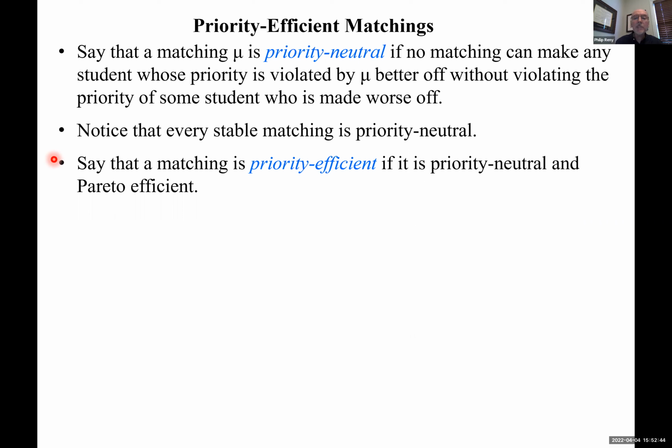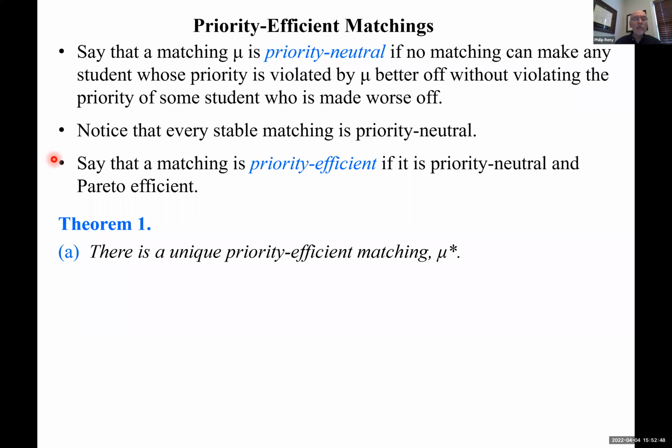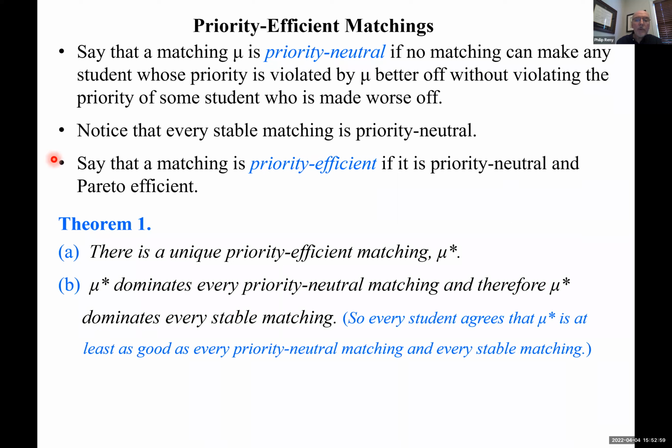A priority efficient matching is one that's both priority neutral and Pareto efficient. Theorem: there's a unique priority efficient matching, mu star. So it's exactly one matching that's both priority neutral and Pareto efficient. Moreover, this unique matching, mu star, weakly Pareto dominates every priority neutral matching. And therefore, mu star dominates every stable matching because every stable matching is priority neutral.